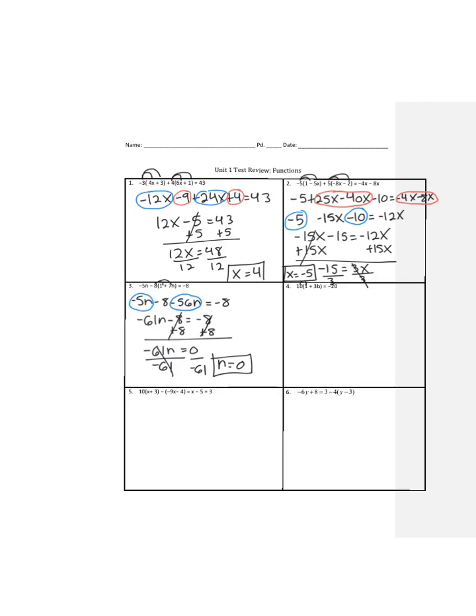Number 4, distribute. And divide by 30 on both sides. Negative 30 divided by 30 gives you negative 1.